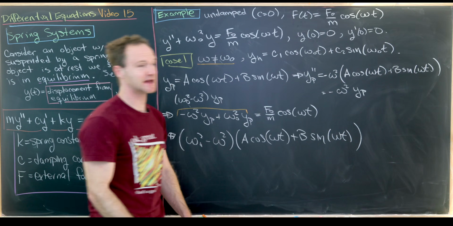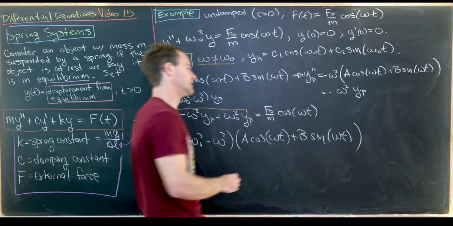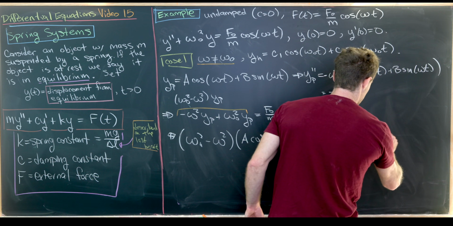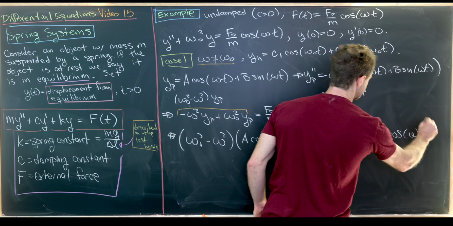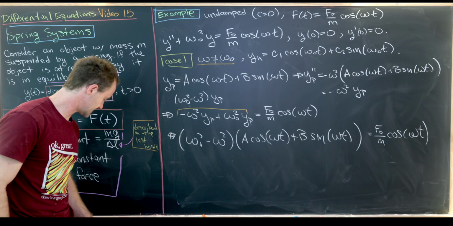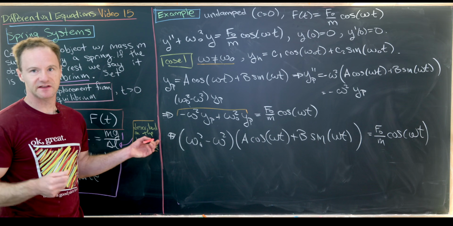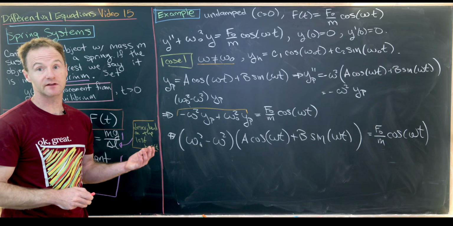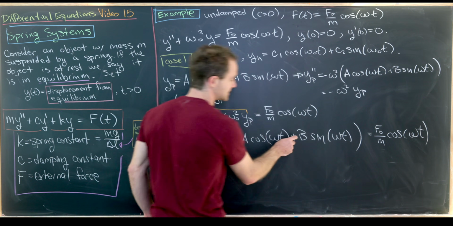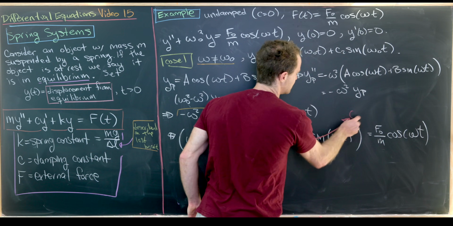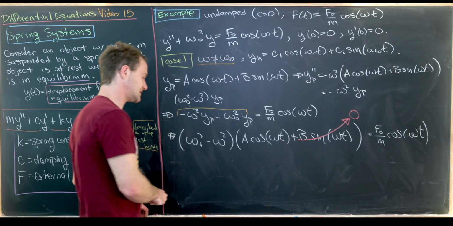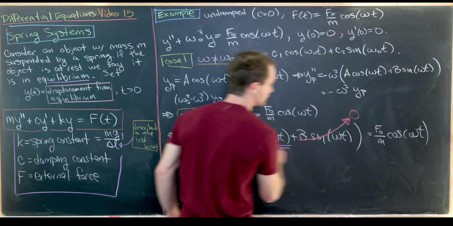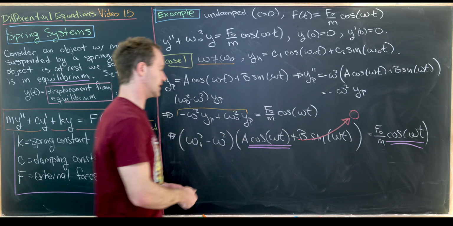So that's just expanding our yp, equals F naught over m times cosine omega t. Great. And now we'll use the fact that cosine and sine are linearly independent functions. That means the coefficient of sine right here must be equal to 0. And then we can equate the coefficients of cosine from both sides of the equation.